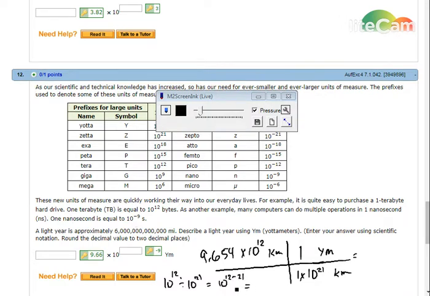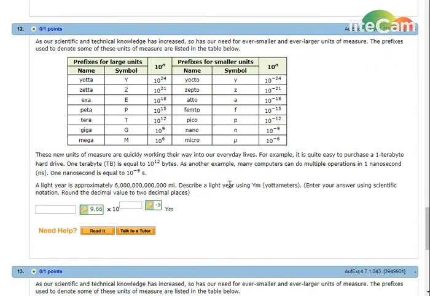What is 12 minus 21? It turns into 10 to the negative 9. So the answer is 9.65 times 10 to the minus 9th. And the answer they give is 9.66 times 10 to the minus 9. So I think we're close enough. It should count for you and not against you.